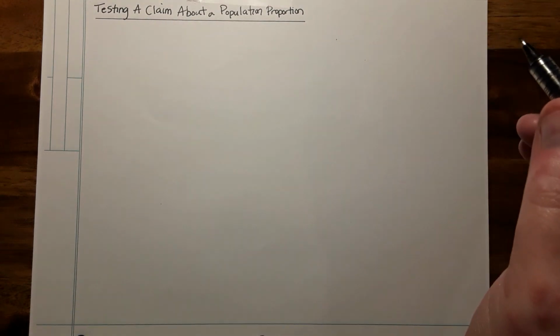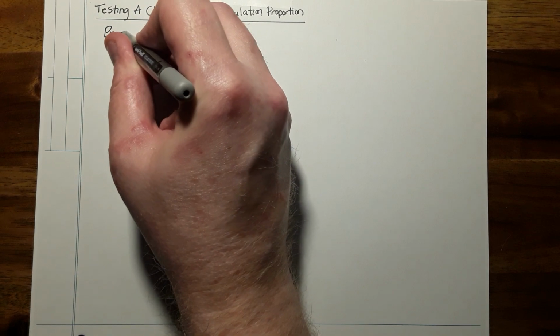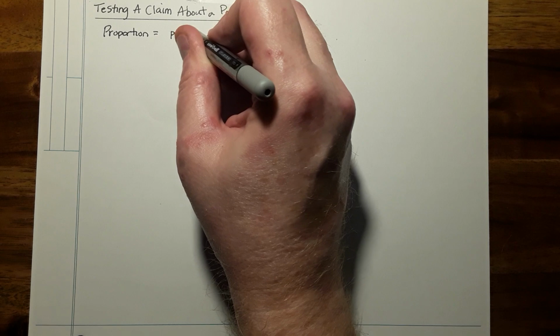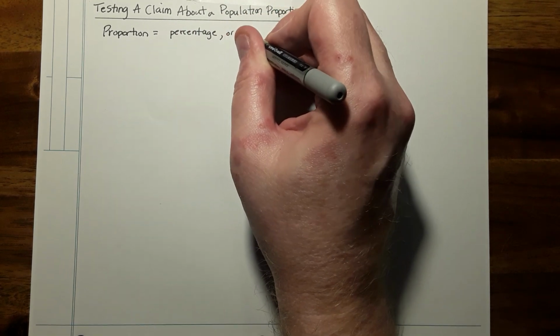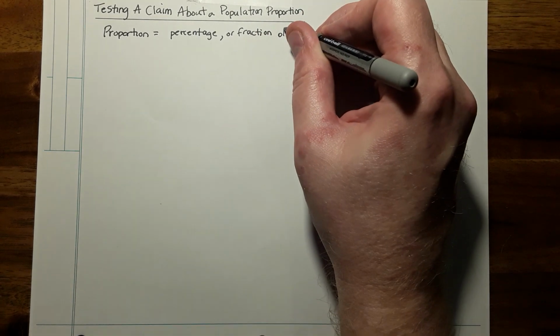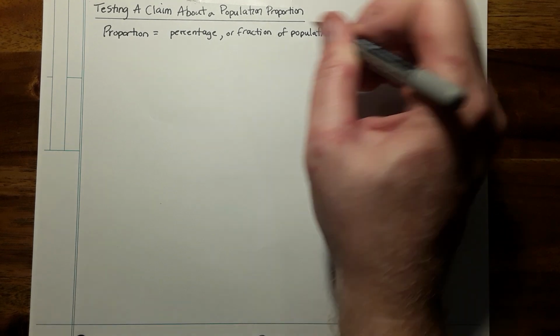So as before, when we were talking about proportions, remember that a proportion is the percentage or fraction of a population that has a specific characteristic.